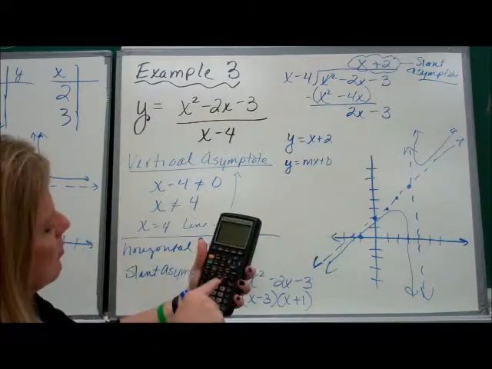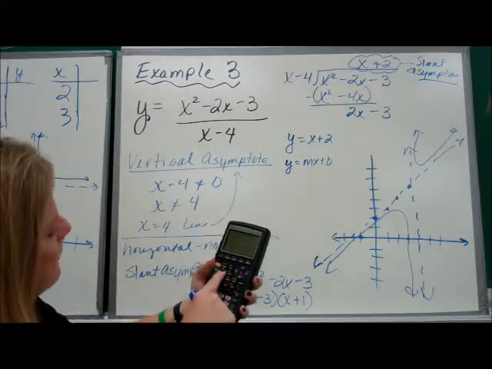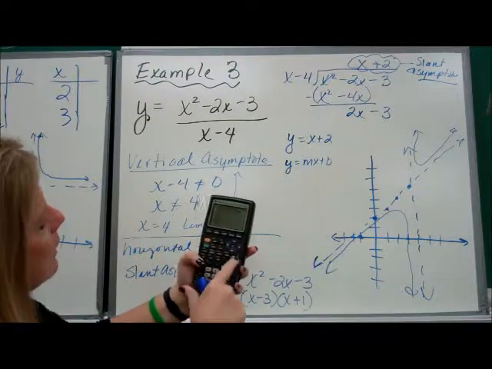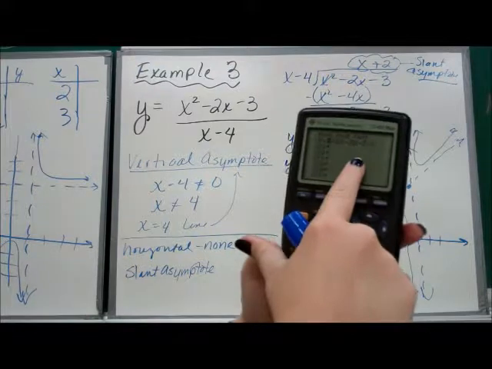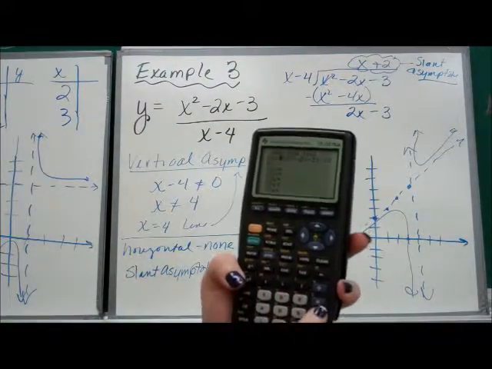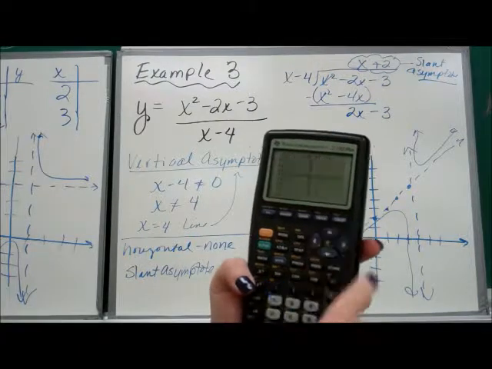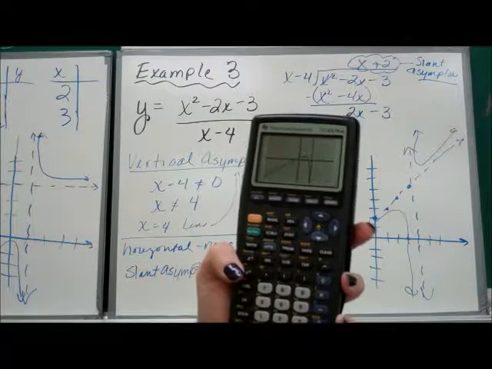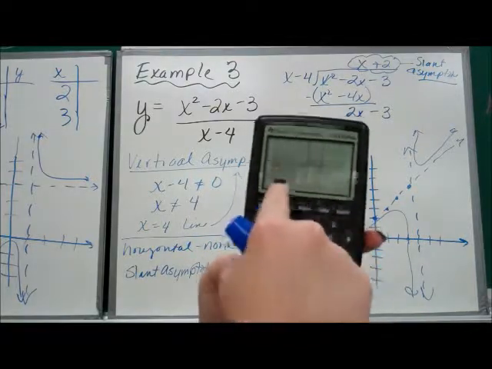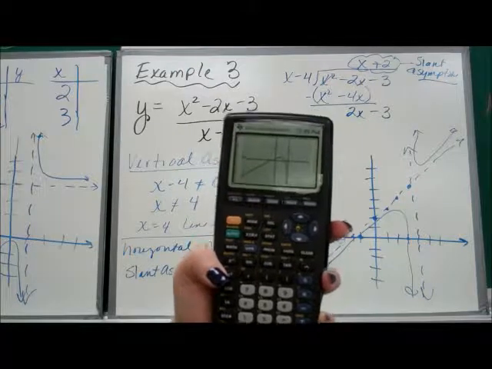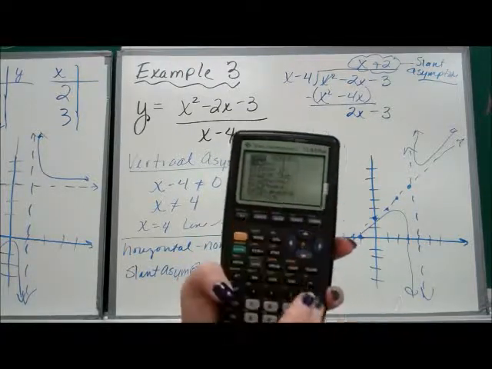To plug that in, I'm going to put x squared minus 2x minus 3, in parentheses, divided by x minus 4, and then graph it. Vertical asymptote, notice that other branch up there isn't in this graph, so that just means I've got to zoom out a little more.